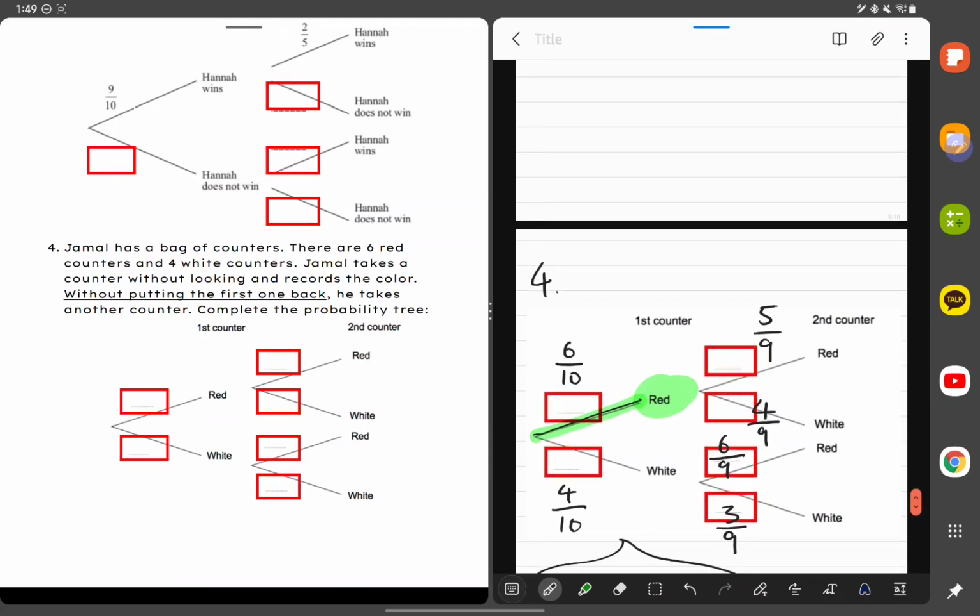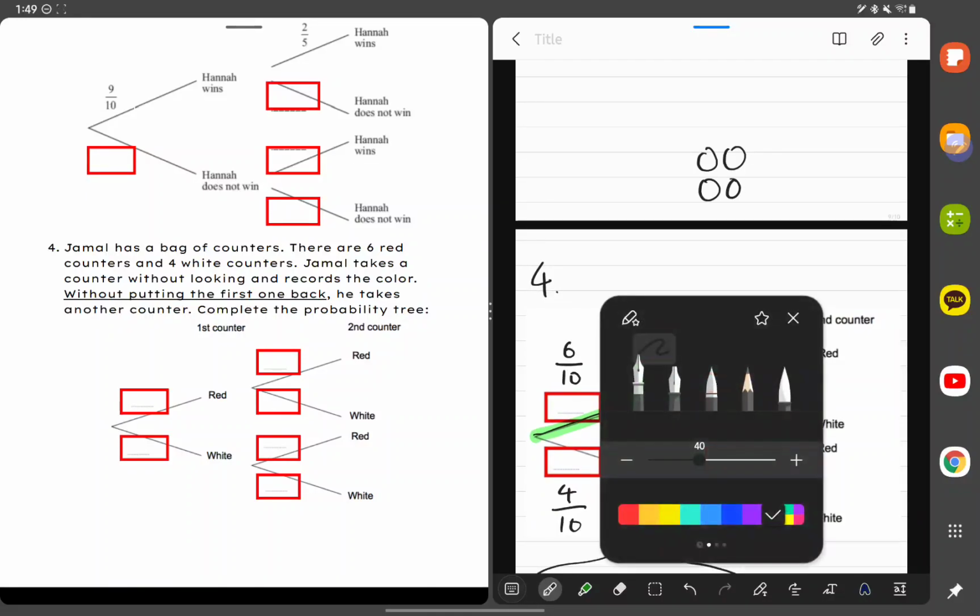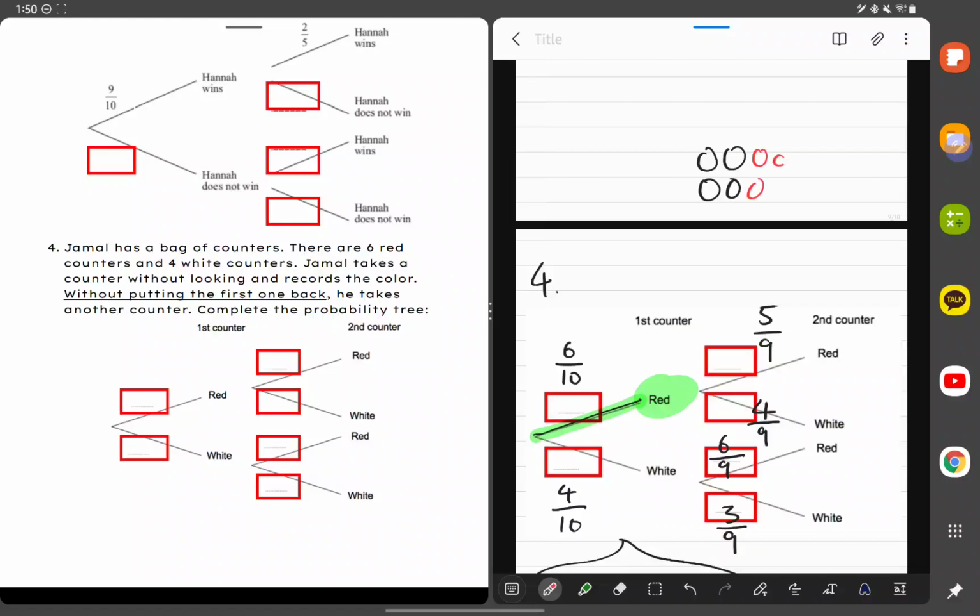We have taken one red counter out. So we end up having the 4 white ones still there, but only 5 red counters left. And that's the bag. Which is why we get these probabilities here, 5 out of 9 and 4 out of 9.